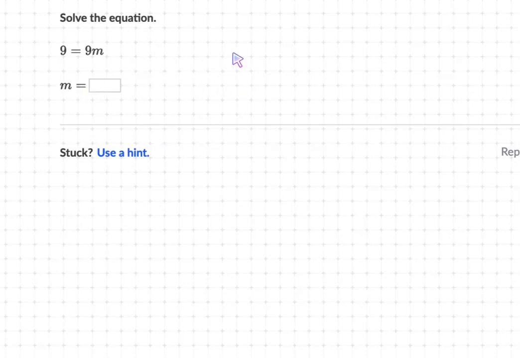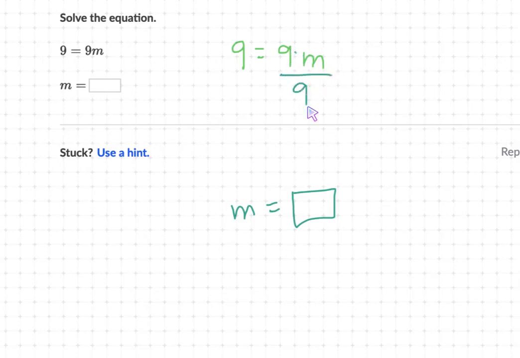So we're looking for m. 9 equals 9 times m. Remember, when there's no sign in between, it's multiplication. So if I wanted to figure out what m is equal to, I'm going to have to do the inverse operation. 9 multiplied by m, the opposite is to divide by that 9. Both sides. 9 divided by 9 is 1m.